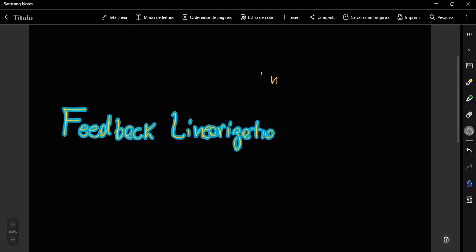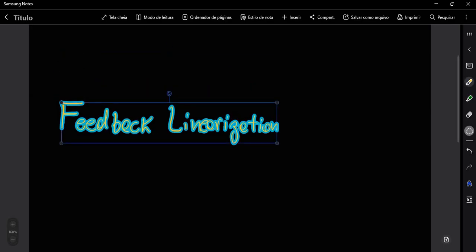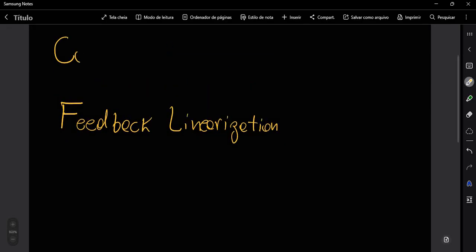But first, let me write what we will be covering, which is the control. For that, I'm using the book Researches Applied in Math Modulation, from Aaron Salsen, Paulo Salsen, and Sandro Selwick.